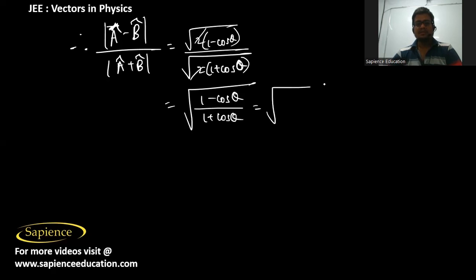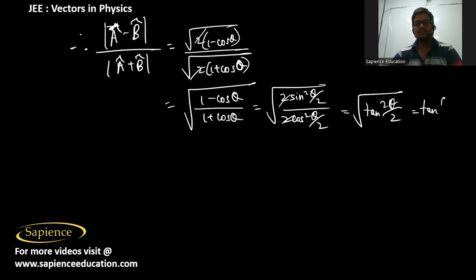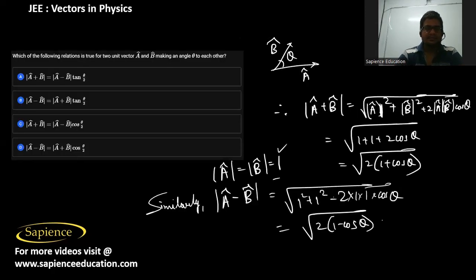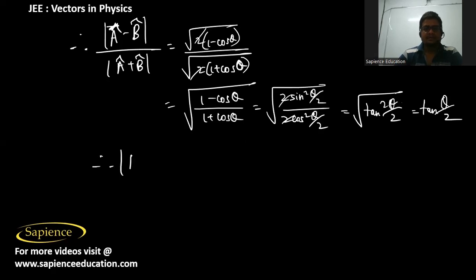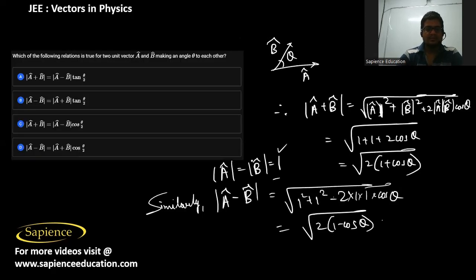Now 1 minus cos theta is 2 sine square theta by 2, and 1 plus cos theta is 2 cos square theta by 2. So the 2 and 2 will cancel, and we will get root over tan square theta by 2, which is equal to tan theta by 2. Therefore, the magnitude of A cap minus B cap is equal to the magnitude of A cap plus B cap into tan theta by 2. So option B is the correct answer.